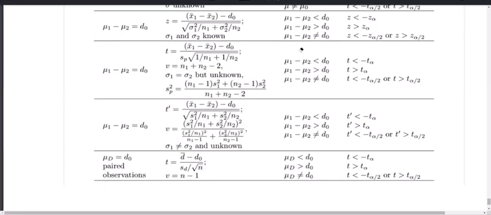I'm also going to attach the Z table, the t table, the F table, and the chi-square table. All of that will be attached to the exam document.